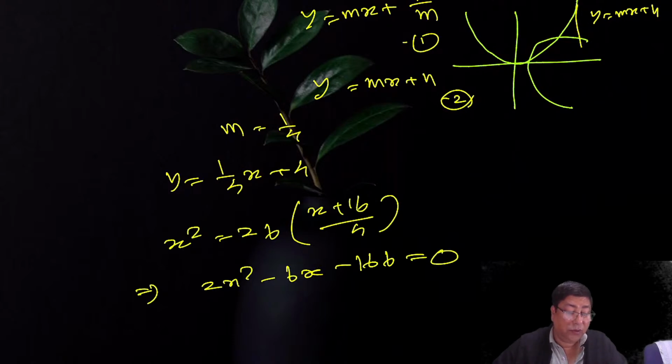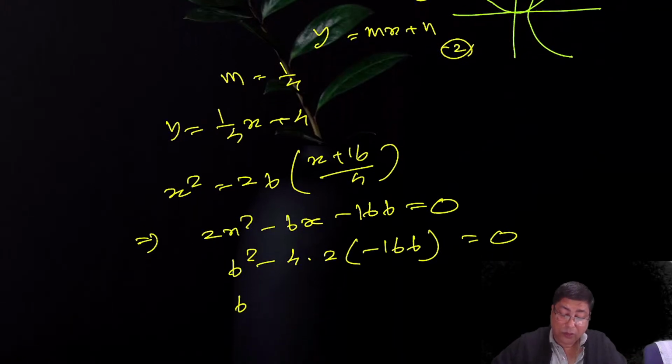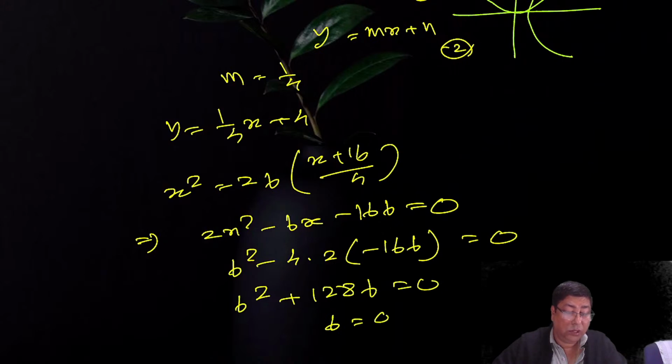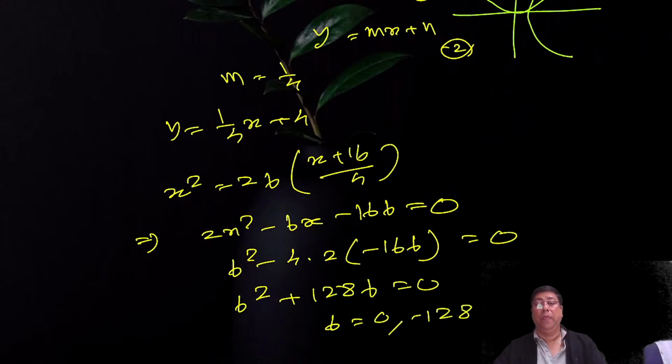So b square minus 4ac equal to 0. Therefore, b square plus 128b equal to 0, so b equal to 0 or minus 128. B equal to 0 is the absurd case. Therefore, b equal to minus 128.